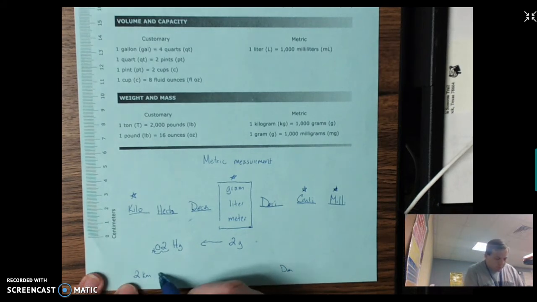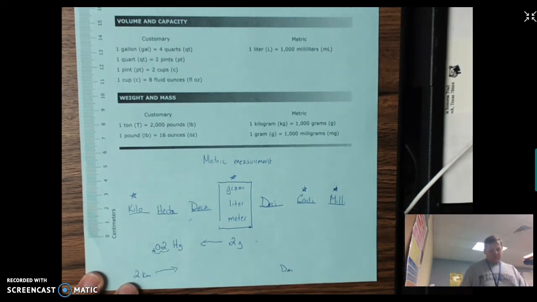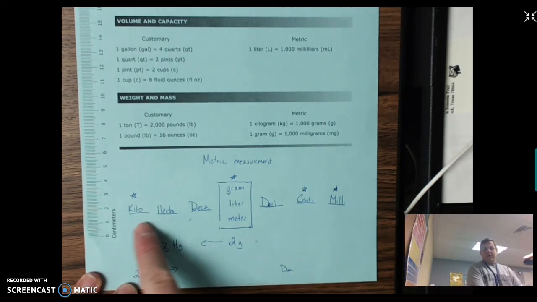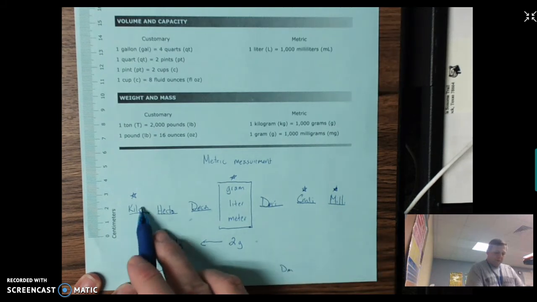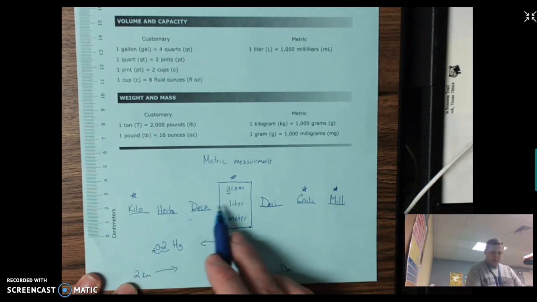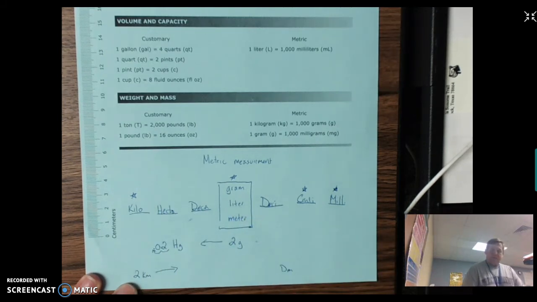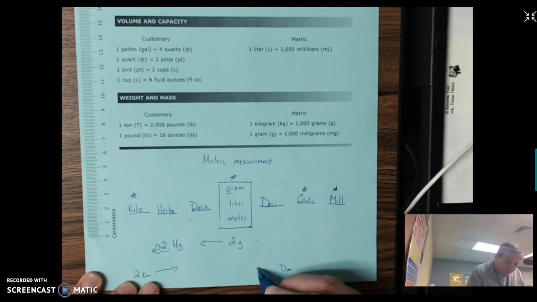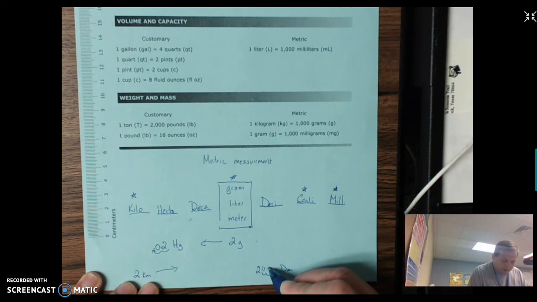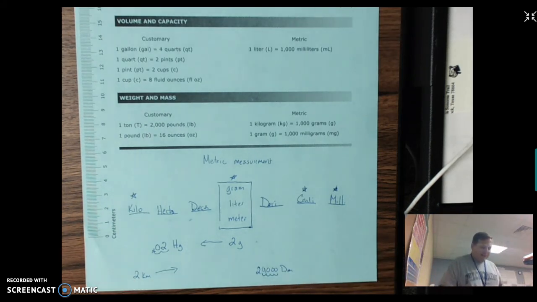So I'm going to move to the right because I'm going this direction on my chart. I am moving 1, 2, 3, 4 places to the right. So I'm going to go ahead and put my 2, and I'm going to move my decimal 1, 2, 3, 4 places, and add zeros in all those empty spaces I just created. 2 kilometers is the same thing as 20,000 decimeters.